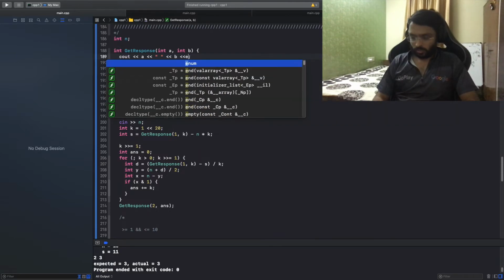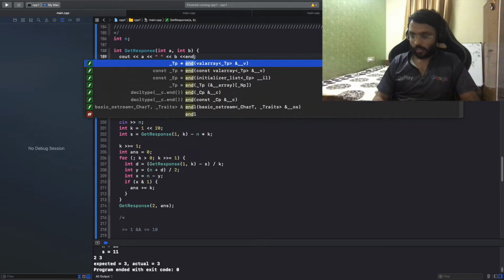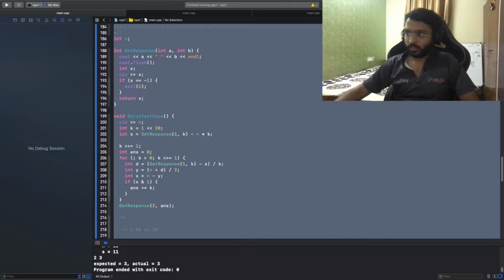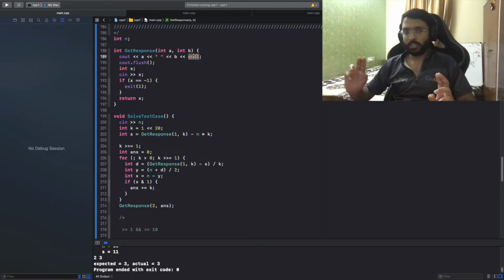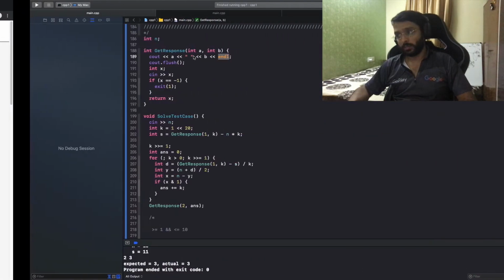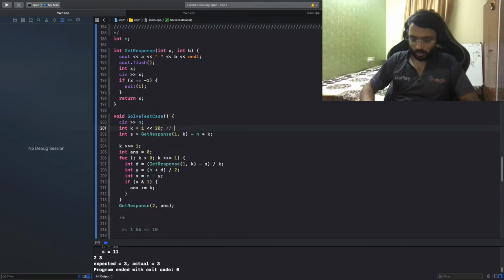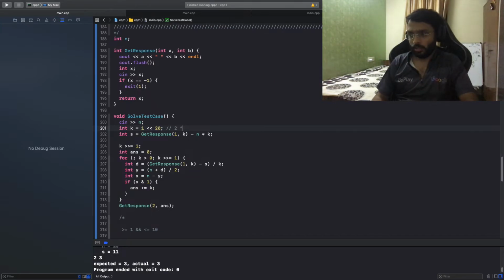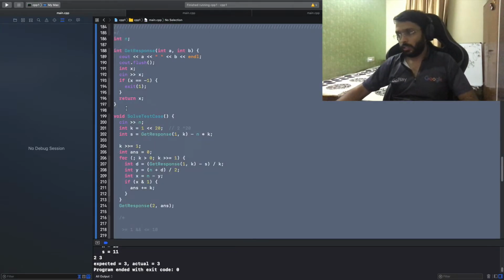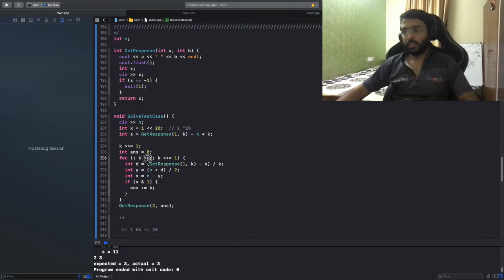So one thing just to add, this seems like an issue with the interactive judge, as in I need to print an endline character. If I don't, it does not recognize my solution. Secondly, what I realized was I was starting from 2 raised to power 20, so 1 bit shifted by 20, up till k greater than 0.